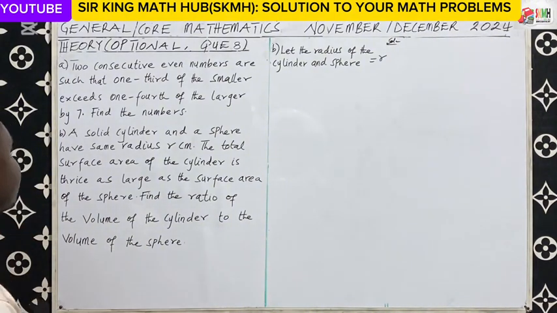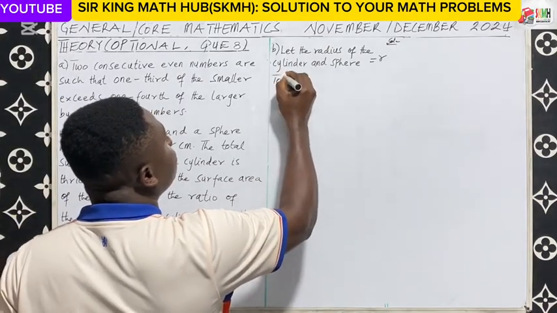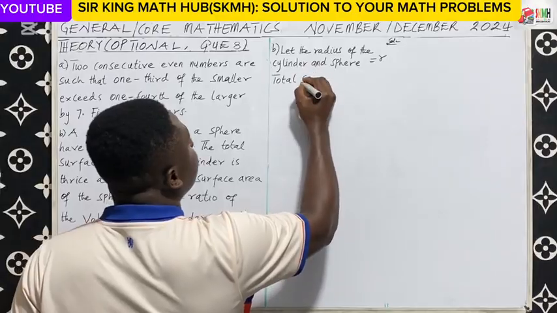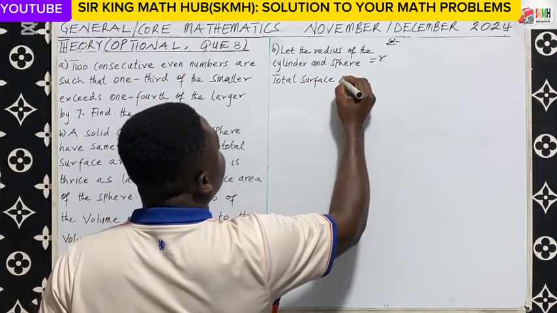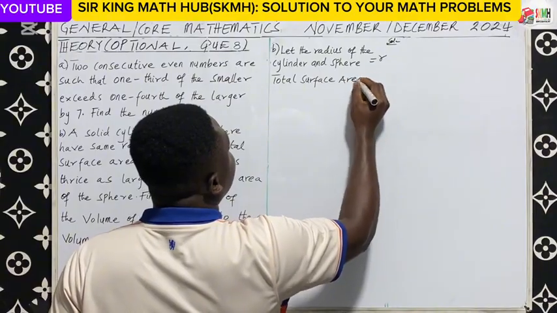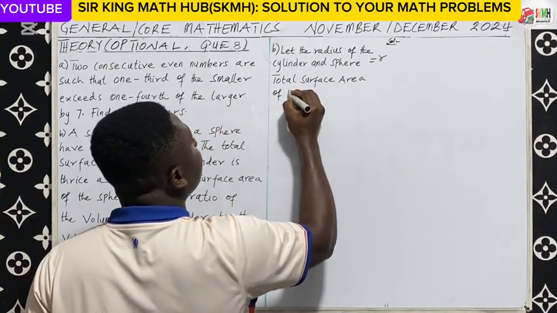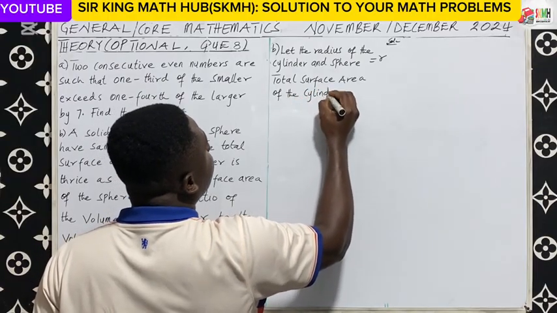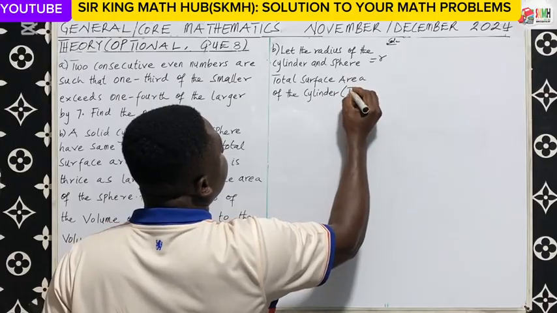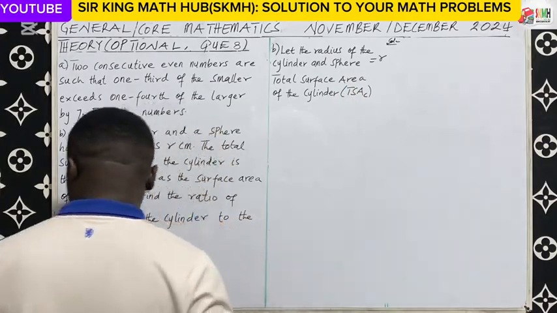So now, the next step, let's find the total surface area of the cylinder.